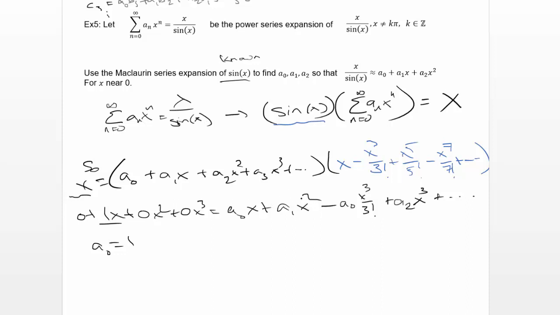The x squared coefficient on the right-hand side is a1. The coefficient of x squared on the left-hand side is 0, so a1 is 0. The coefficients of x cubed need to match up. The coefficient of x cubed on the right-hand side is minus a naught over 3 factorial plus a2.